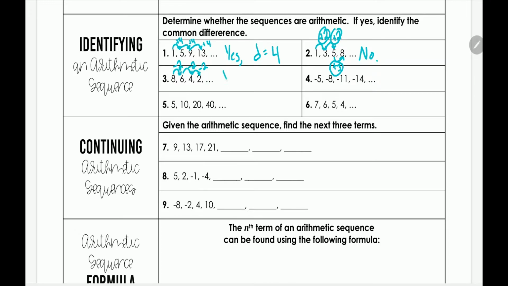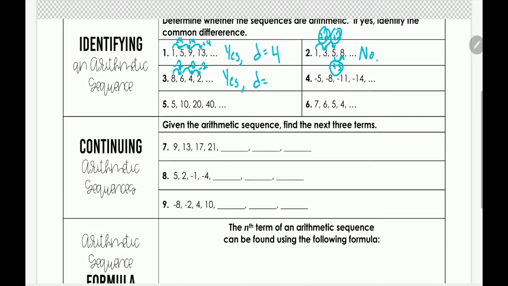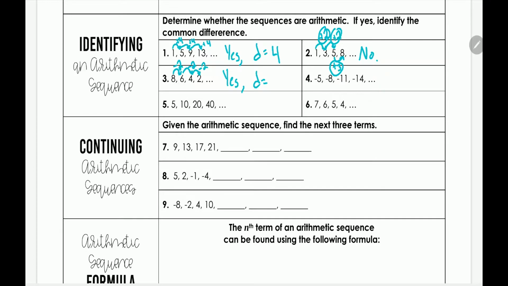So we can say that yes, this is an arithmetic sequence, and the difference is, well, this time it's going to be negative 2, because for the common difference, we have to think of it as we're always adding. So if you add a negative number, that's the same thing as subtraction. And if you add a positive number, that's just addition. Okay?